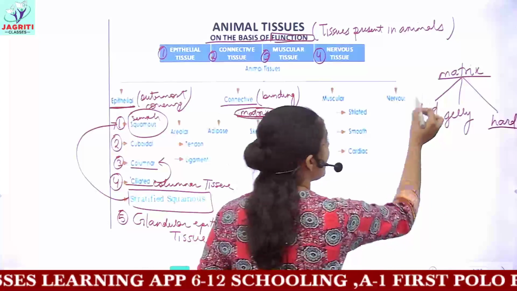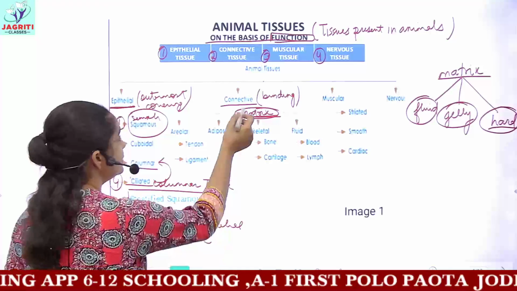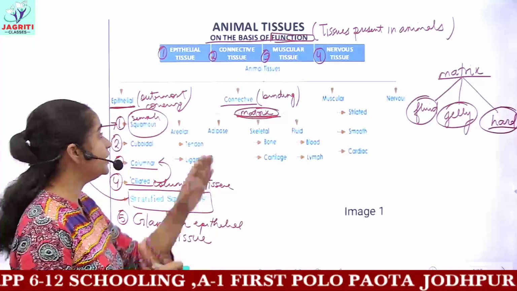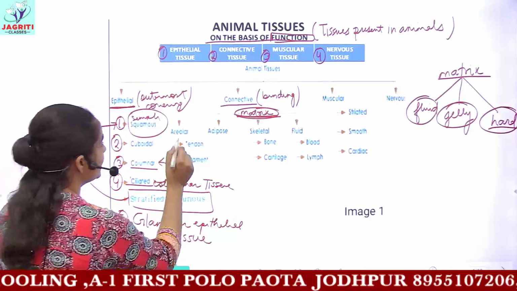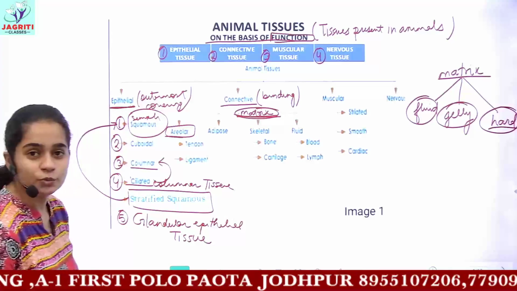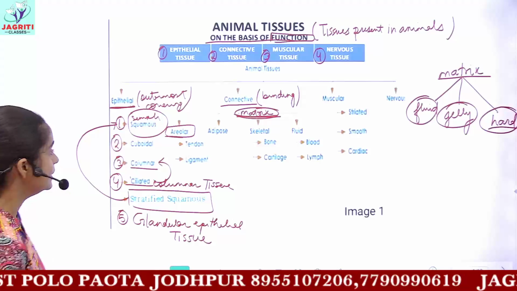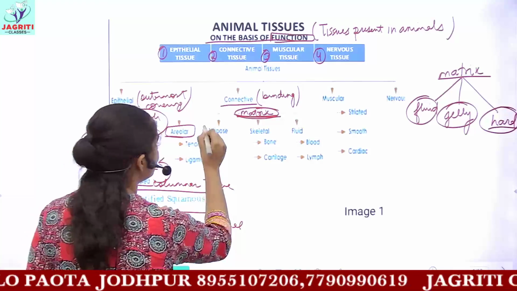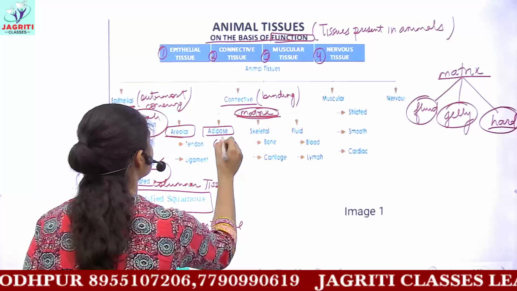Because we have different kinds of matrix, on the basis of matrix we can divide connective tissue into different categories. The first one is areolar tissue. Areolar means the tissue which has air cavities. Then comes adipose tissue. Adipose is generally the fat storing tissue.